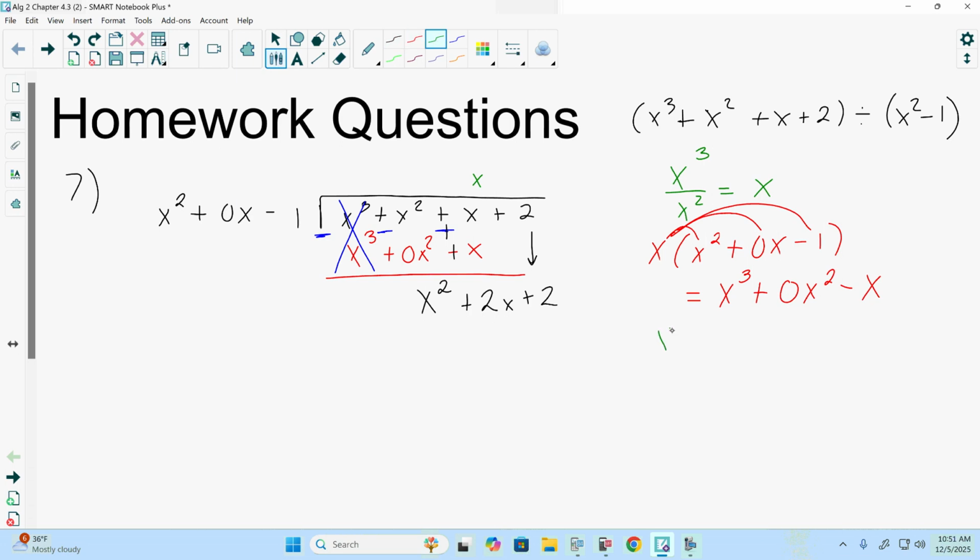Now we repeat the process, our biggest term inside divided by the biggest term outside. So we have x squared divided by x squared. Well, anything divided by itself is 1. So that turns into positive 1, and well, we're going to do 1 times x squared plus 0x minus 1. Well, that's just going to be itself.